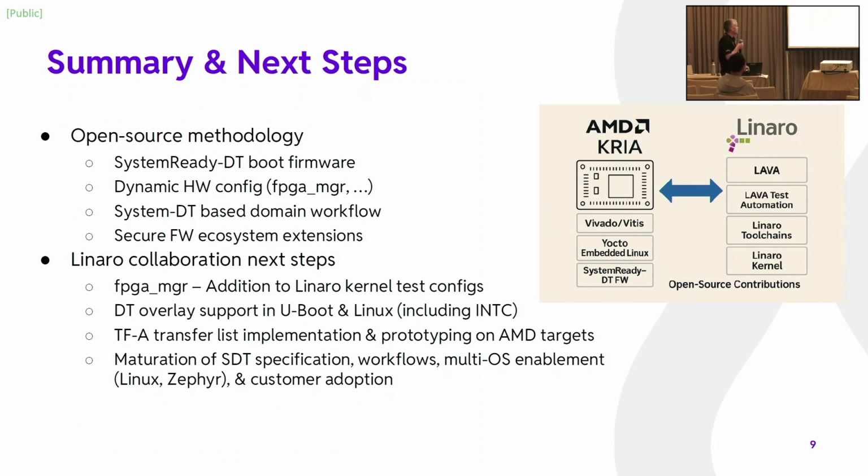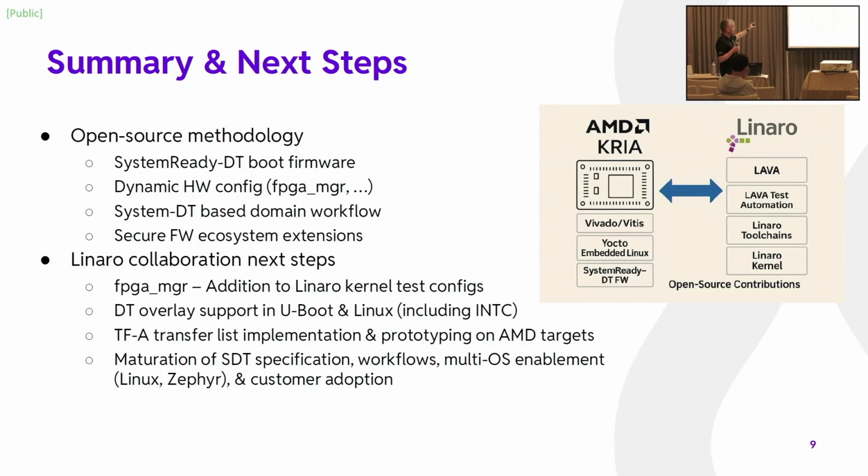So, I'll just wrap up. As a system architect, we see and embrace open source as key for several elements in that solution stack that we're talking about. SystemReady-DT boot firmware, we're really excited about continuing to collaborate and move that forward. Dynamic hardware configuration, again, there's a kernel aspect of that, of device tree overlays. There's a kernel aspect of being able to handle the AXI interrupt controller unloading cleanly.